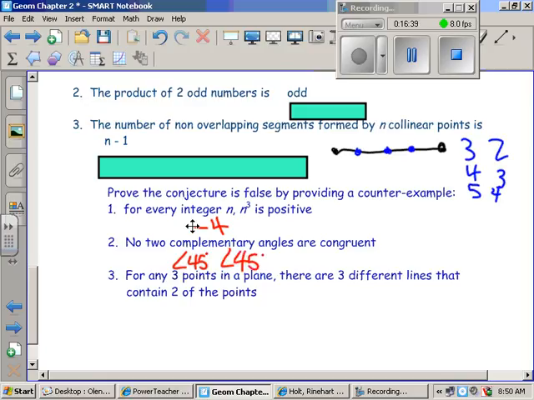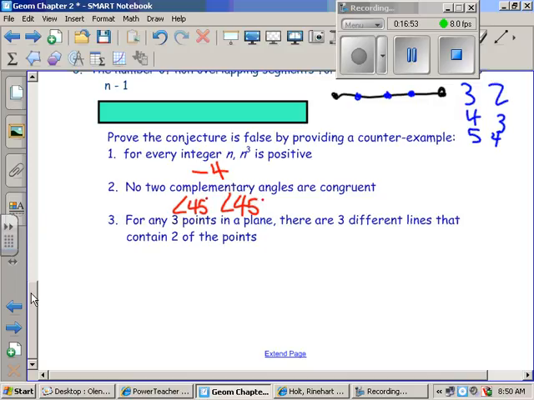And the last one, for any 3 points in a plane, there are 3 different lines that contain 2 of those points. Okay? So, yeah, draw it. So this goes back to that question you did day 1. This is not a counterexample, but the example would be you've got 3 points on a plane, and there are 1, 2, 3 lines that go through 2 of them at a time.